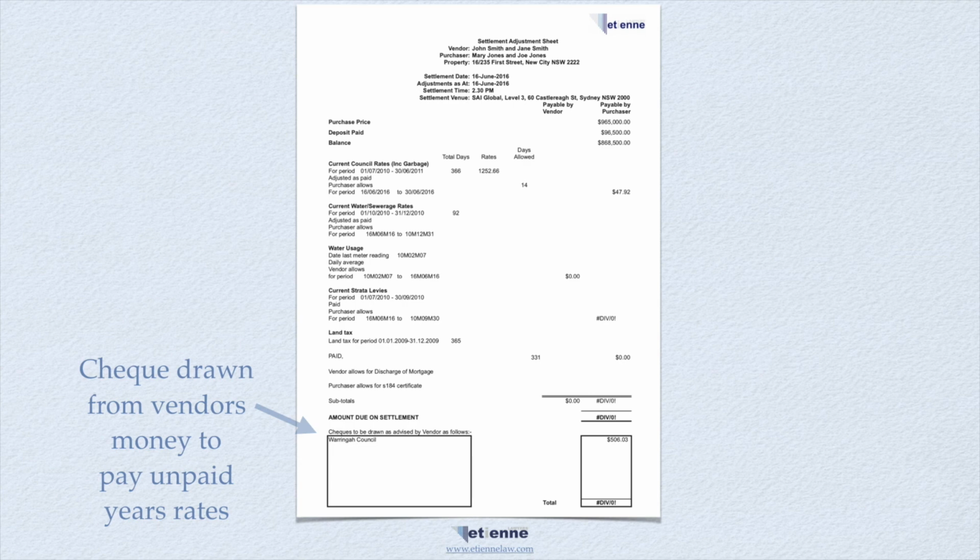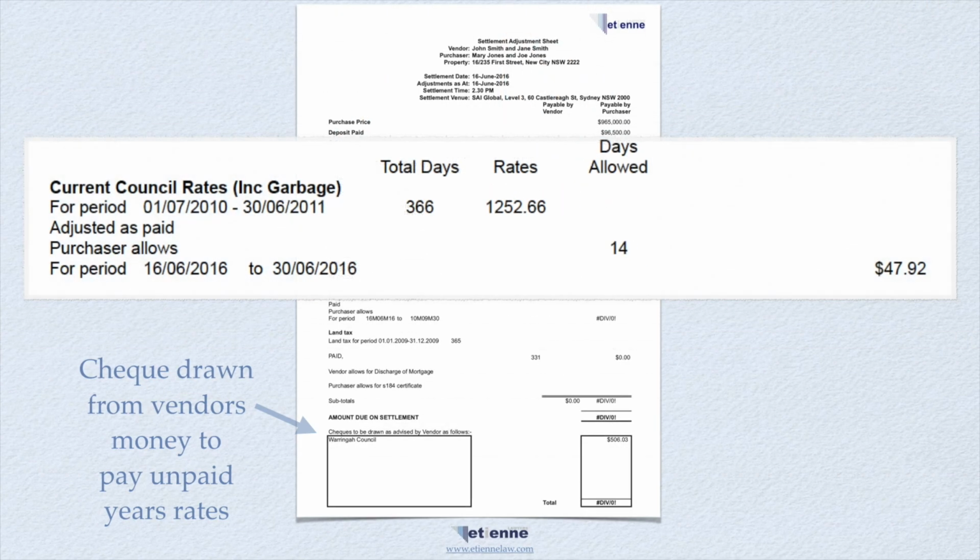As you can see, this is done in this particular line. So we show 14 days, $47.92 is paid. As we're adjusting on a paid basis, when they have in fact not been paid, we draw from the money that you have to pay the vendor a check for the unpaid portion of $506.03.